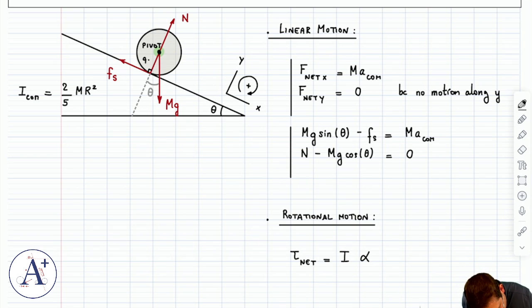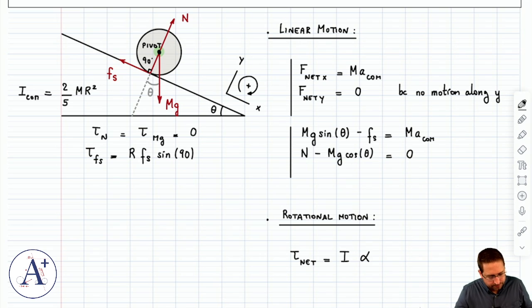This is a 90-degree angle, and torque of Fs is going to be positive. The distance between the pivot and the force is r. The force is Fs. Sine of 90, which is the angle between r and Fs. And all the other forces create no torque about my pivot.